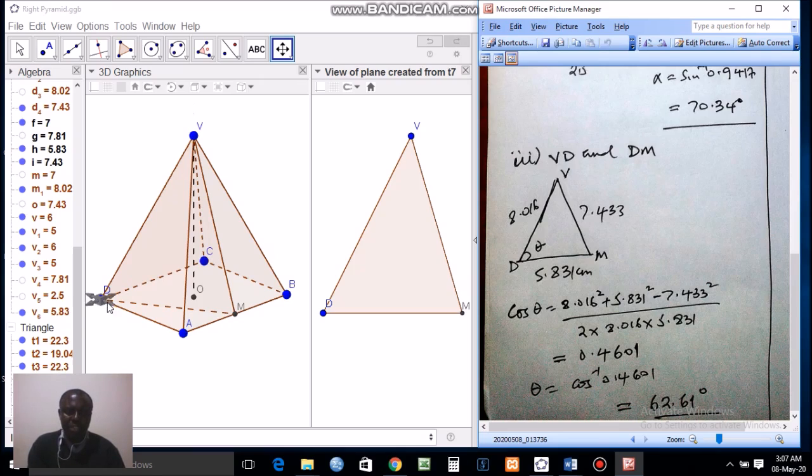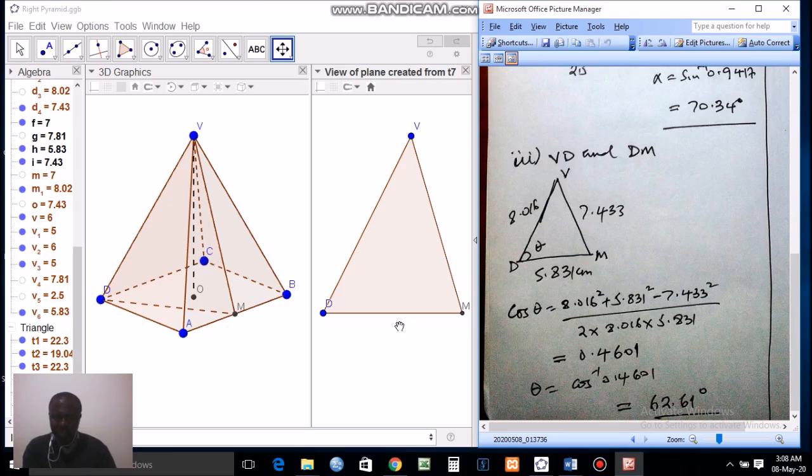Clearly, VD and DM are part of the sides of triangle VDM. So we will draw separately triangle VDM, and here we have it. And we can see again VD and DM, and from this triangle you can see the angle at which VD and DM intersect. They intersect at angle VDM.